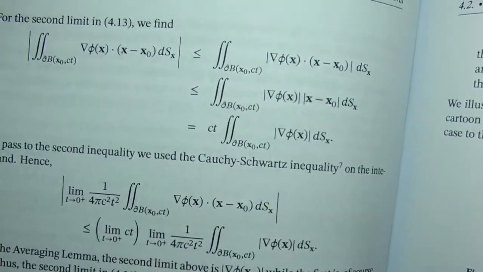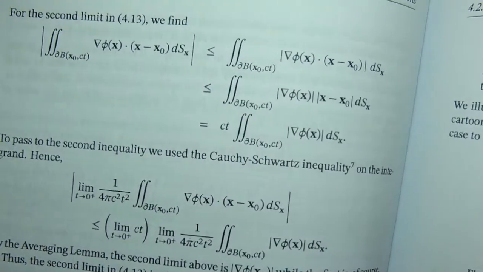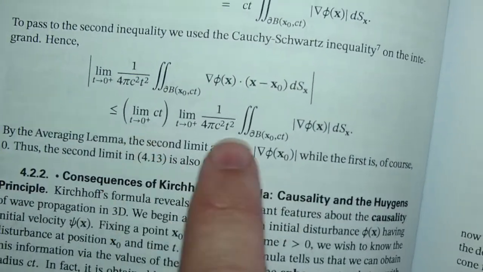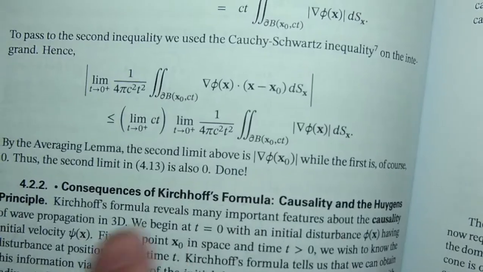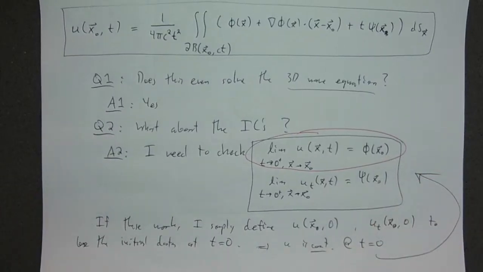I'm not going to go over too much of these inequalities. So this is Cauchy-Schwarz, and I obtain this bound, and by the averaging limit I get 0. You can also do the second limit if you like. The arguments used there are a nice trick, but it's not something we're going to refer to too much. But that's basically how the limiting argument is taken care of.